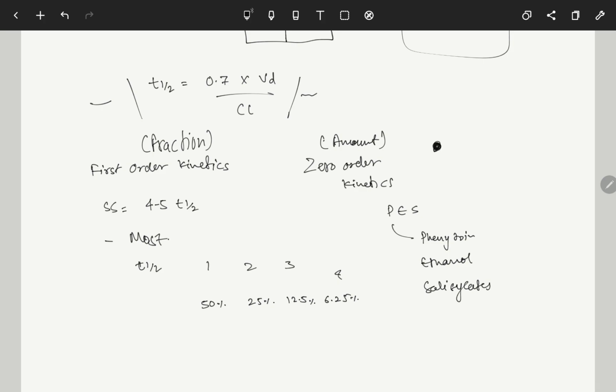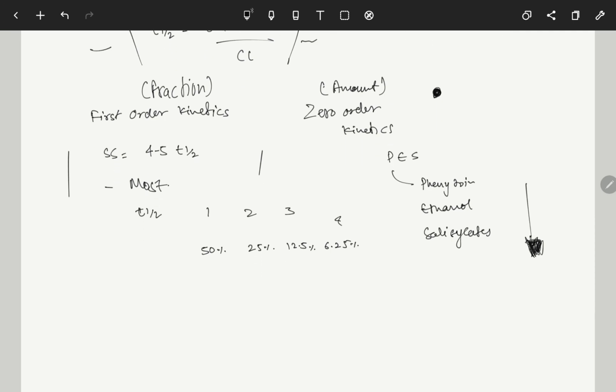So these things are different and important to understand, because there are drugs like phenytoin, ethanol, and salicylates like your aspirin. They will be eliminated at a constant amount per unit time. So your dosing for these drugs will be different from your dosing for first order kinetics drugs. Most of the drugs are eliminated by first order kinetics.